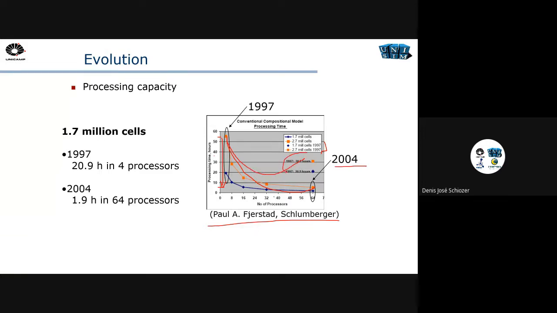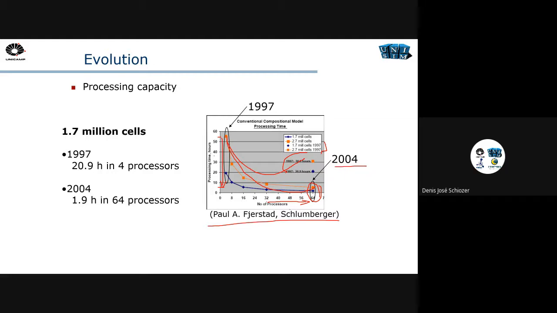Why? Because sometimes we increase too much the number of computers, and the simulation code is not prepared for that. We spend more time breaking the problem into parts. If you have too many parts, for example, here you are breaking the problem into 64 parts, and then we have to build everything together back. Sometimes we have to spend time exchanging information from one processor to another.